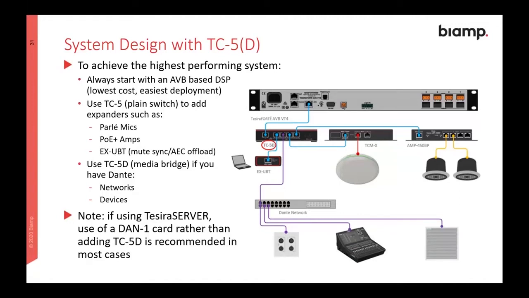A 5-port switch may not really suffice. You can definitely use it, but we feel that it's better to use an integrated solution like the DAN1 card, which by the way offers 64 by 64 Dante channels, rather than depend on a TC5D. For smaller, like single room or small to medium systems, TC5D is definitely perfectly valid.